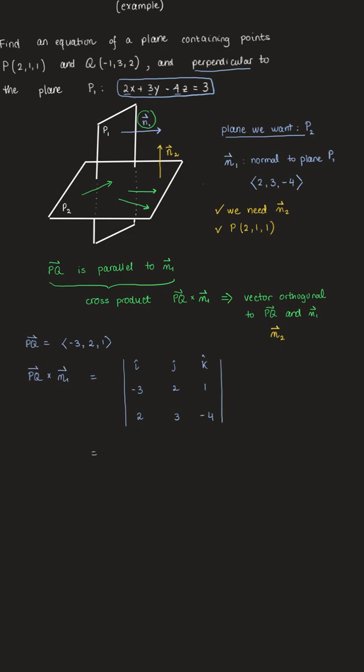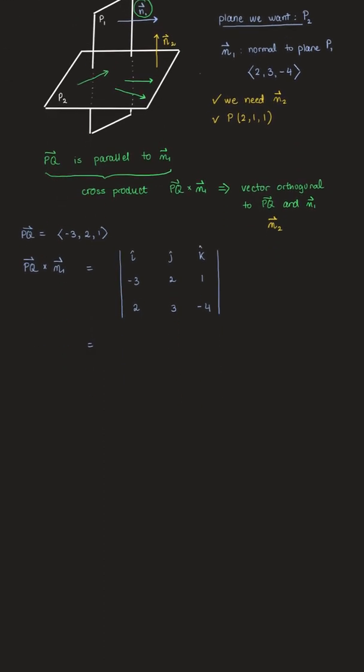So I'm going to work on this cross product, and I will multiply the determinant left when we imagine blocking out the row containing i and the column containing i. So that's going to be negative 8 minus 3, then minus j, and that determinant will be 12 minus 2, plus k, and that will be negative 9 minus 4.